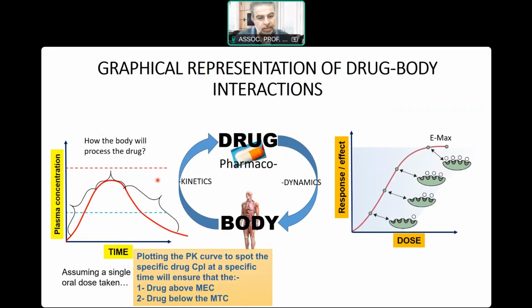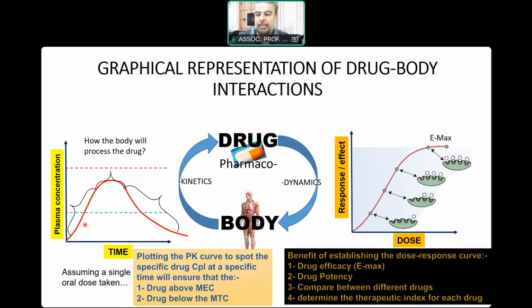This therapeutic range is considered to be effective as well as safe, and we have other benefits like establishing the half-life, having an idea about the volume of distribution, and the area under the curve will also reflect the bioavailability of the drug.